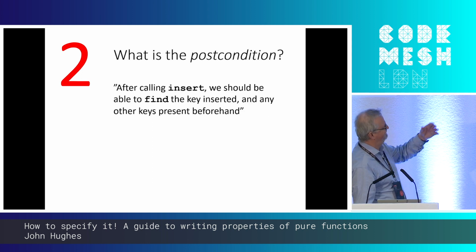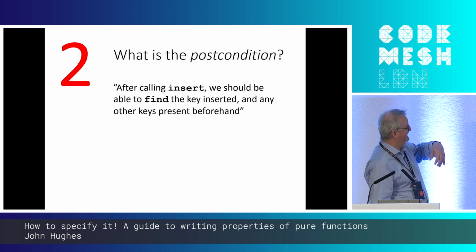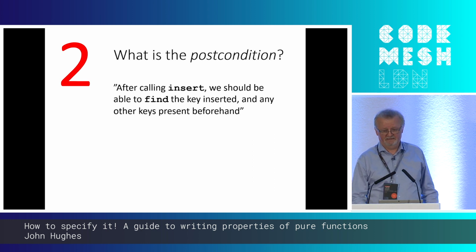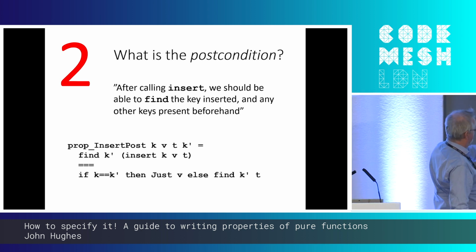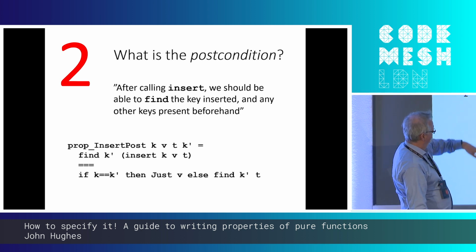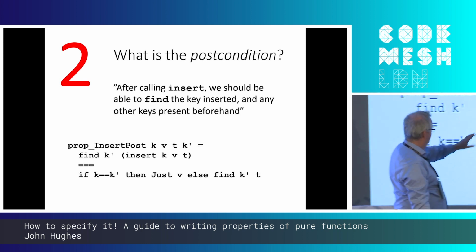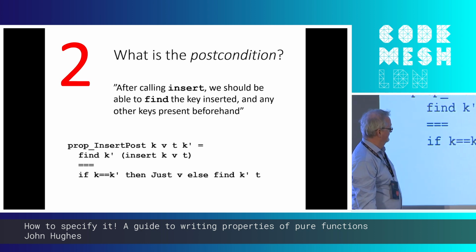Well, we should be able to find the key that we just inserted, right? And if we try to find any other key, it should be the same as it was before the insertion. So I can write this as a property. So for any key, value, tree, and other key, if I insert k and v into t, and then I find k prime, what will I get?